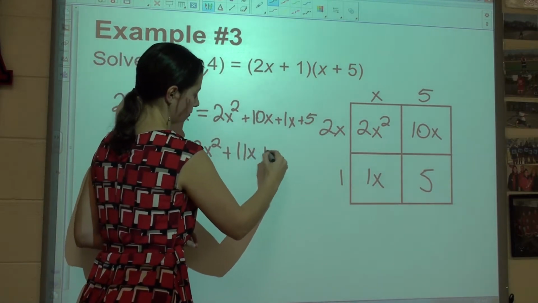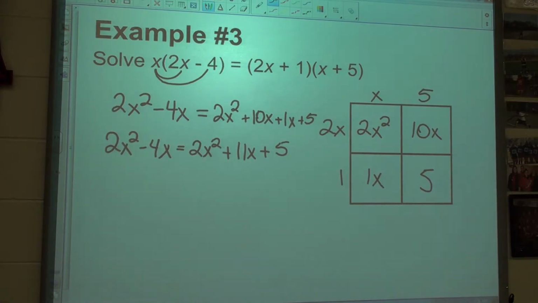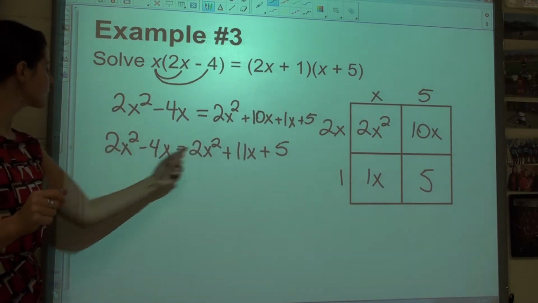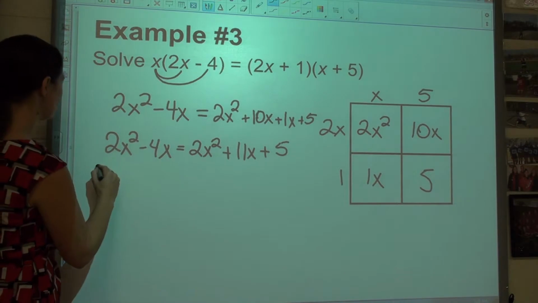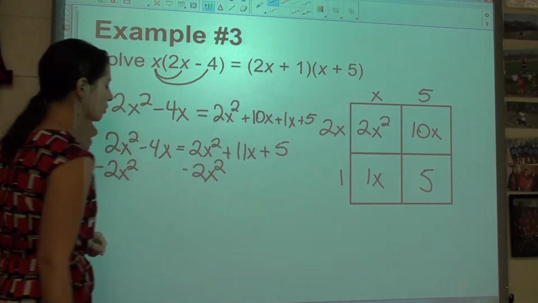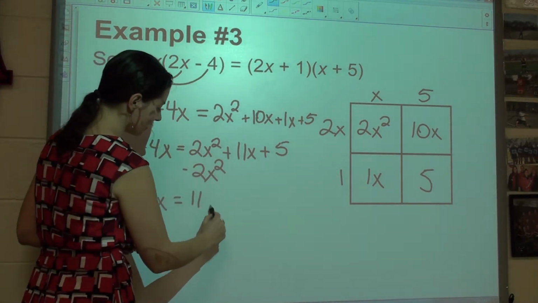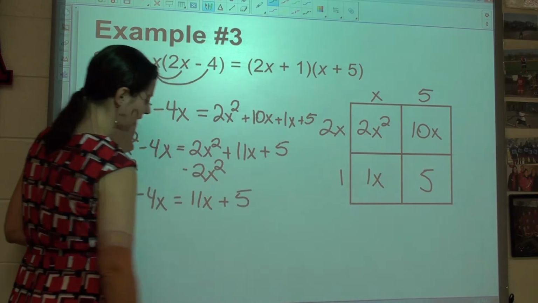All right, so hopefully you noticed that we have 2x squared on both sides. So when I subtract my 2x squared, they're going to cancel out. So now I have negative 4x equals 11x plus 5.